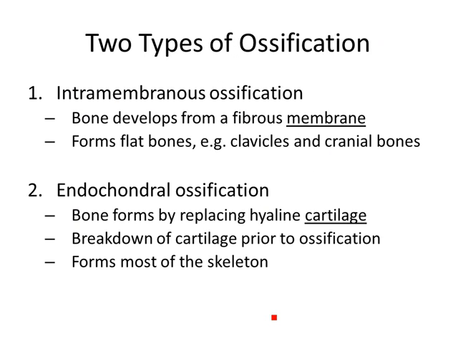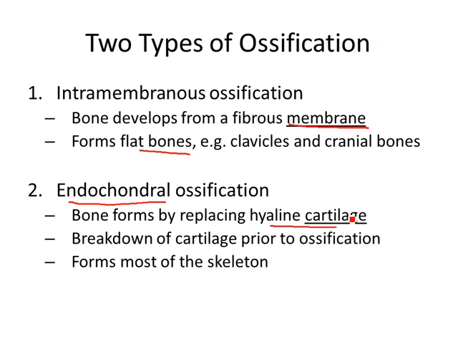All right, 2 types. Intramembranous means bone forms from a membrane. This is your flat bones, like your clavicles, your sternum, your cranial bones. You start with a membrane. Endochondral, remember chondro means cartilage. This means that the bone forms by replacing hyaline cartilage.